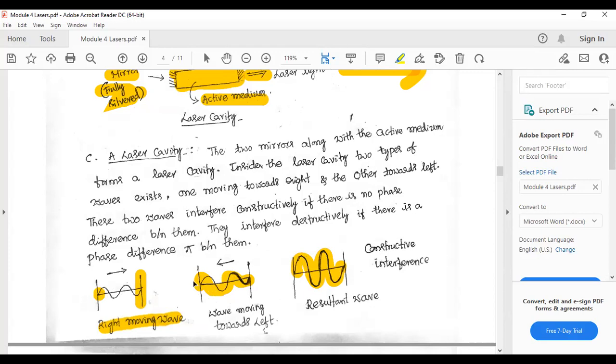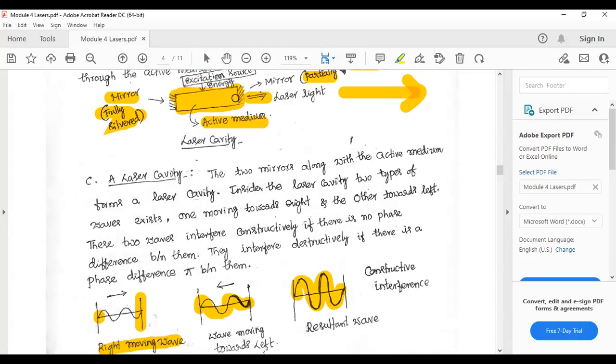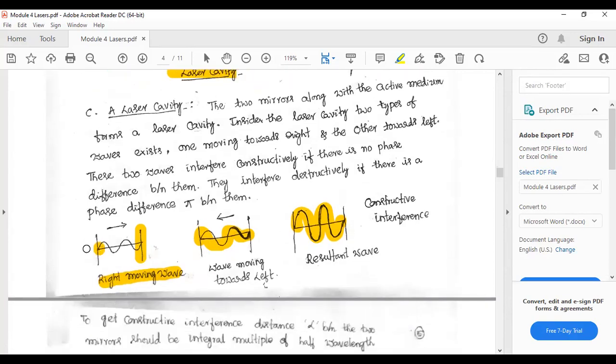To achieve that, I have to fix the distance to a suitable length. I have to design my laser cavity in such a way that the incident photon and the reflected photon constructively interfere, and I should get a good intensified laser light.